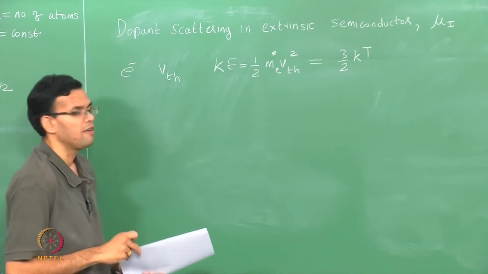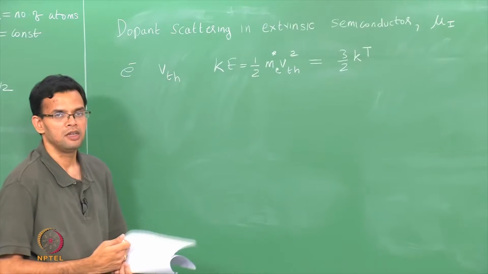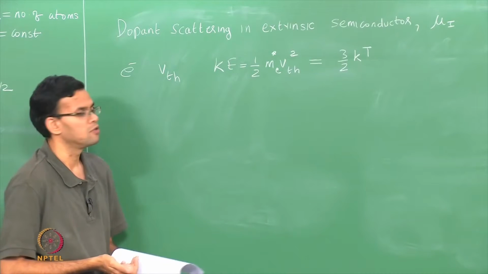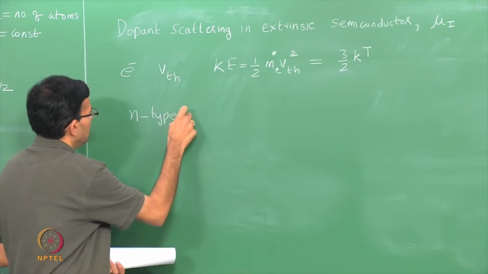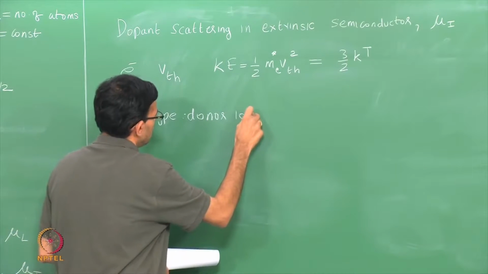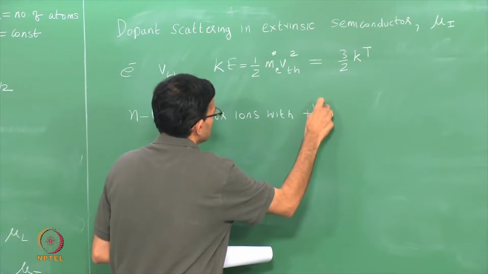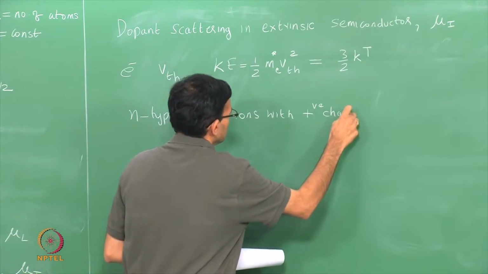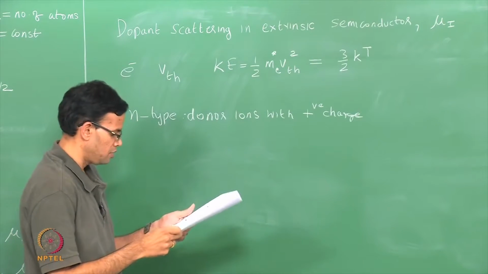But now you have the electron having an electrostatic force of attraction with the ionized donor. So, if you have an n type, you have donor atoms or donor ions with a positive charge, and these can interact with the electrons.